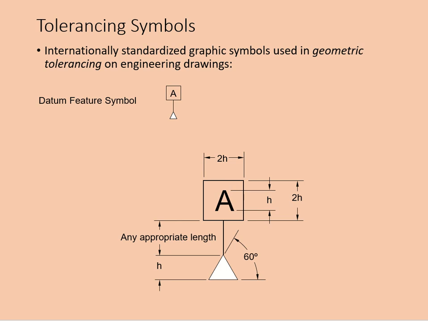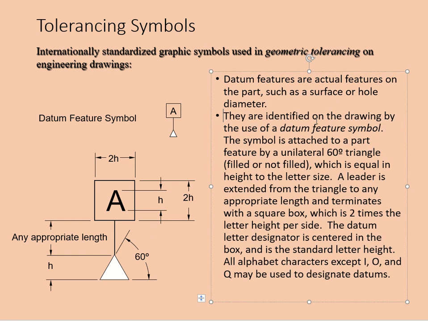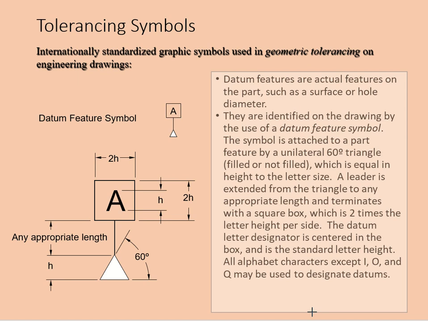After we finish with the symbol, we're going to apply the datum feature symbol. We can always put that on a surface or a hole. Let me make this a little bit clearer so you can see it.